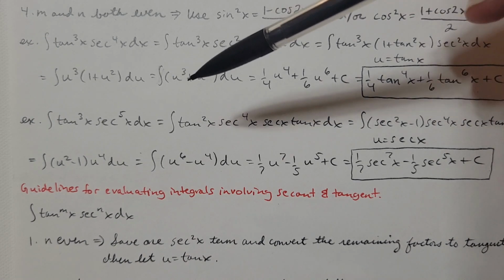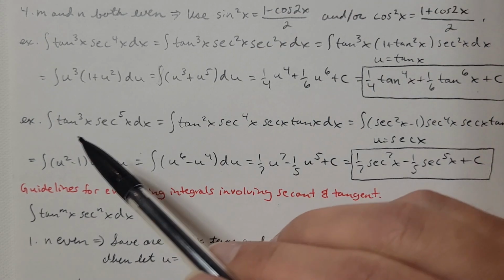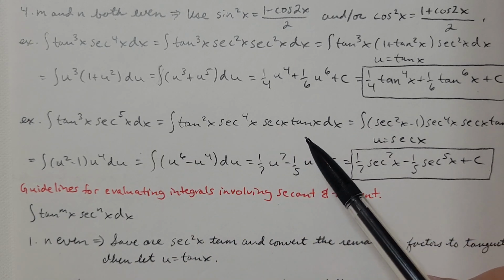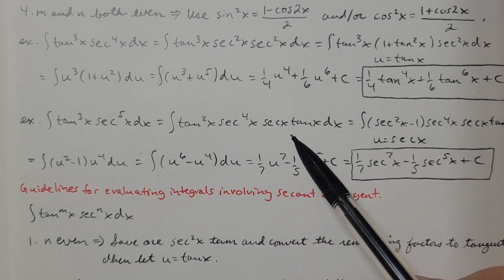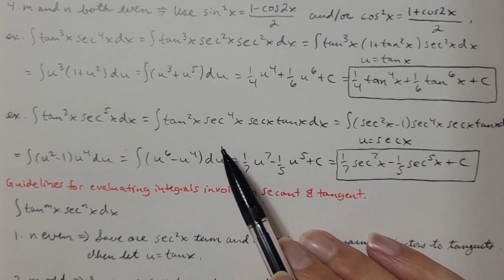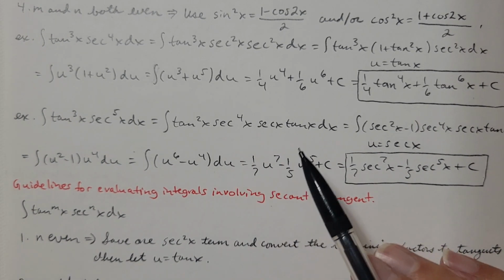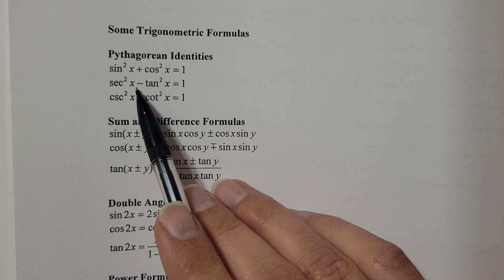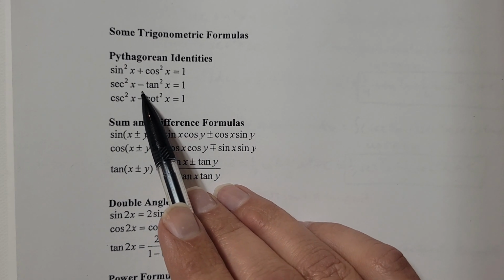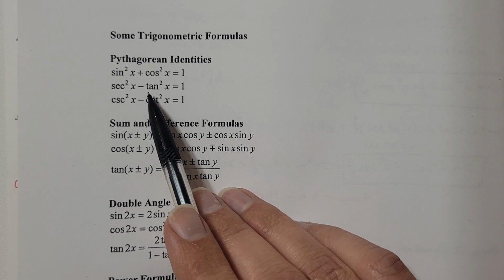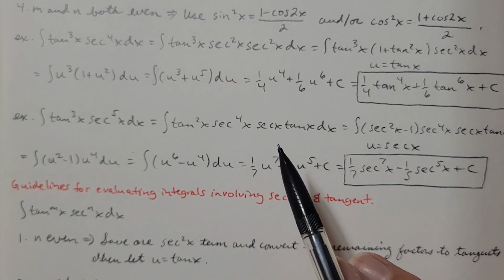In this problem, though, if I break away one tangent x term and one secant x term, which I've got there, then using the Pythagorean identity, this tangent squared x term that I see is the same as secant squared x minus 1. Okay?